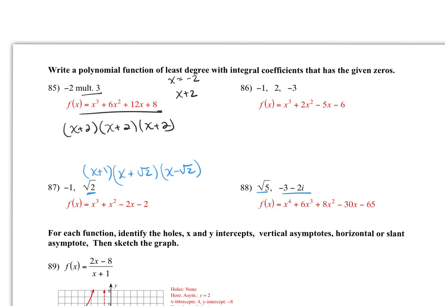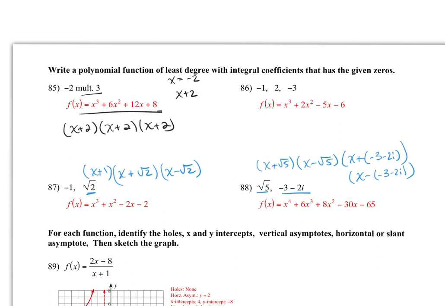So you're going to have x plus your square root of 5, x minus your square root of 5, x plus this little guy here, and x minus that guy. Okay? And so if you have imaginaries or radicals, they come in pairs. Okay? They come in pairs, the positive and negative. And so you have to do both of those.